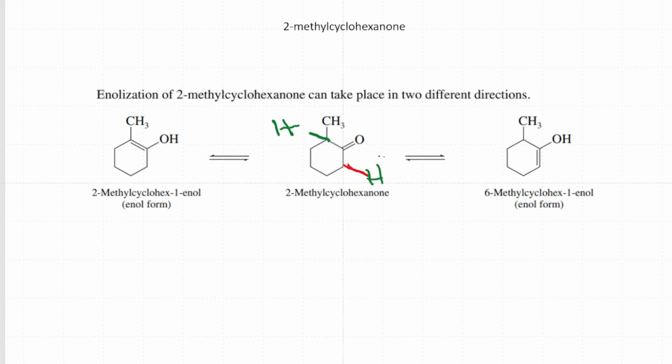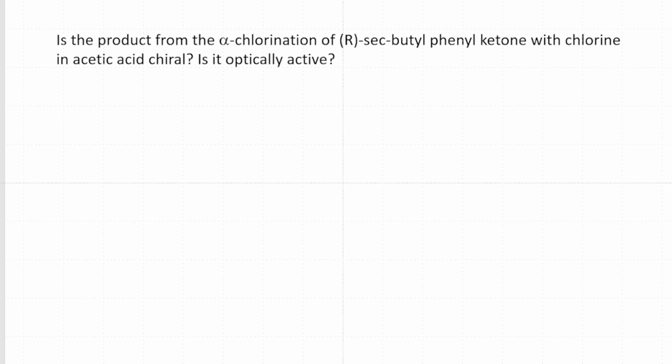If this hydrogen is involved, you get the product on the right, which is 6-methylcyclohexen-1-ol. And if the other hydrogen, the green hydrogen next to the methyl group, is involved, then you get 2-methylcyclohexen-1-ol.